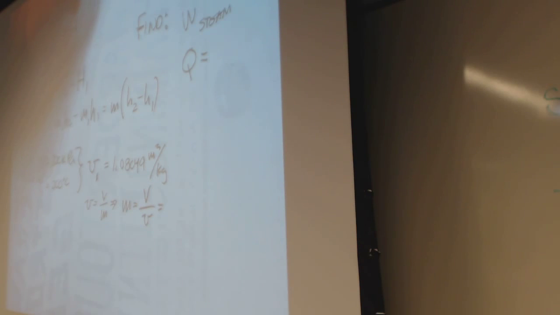In this case, it's 0.4 cubic meters divided by 1.08049 meter cubed per kilogram.